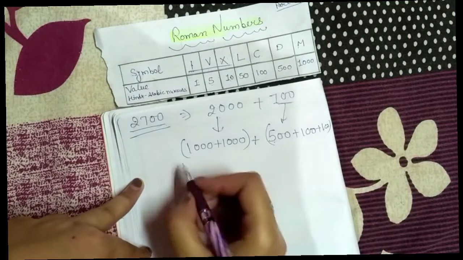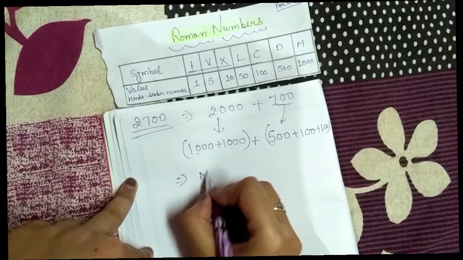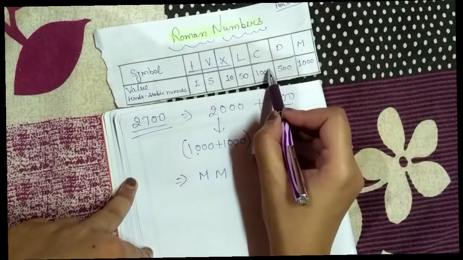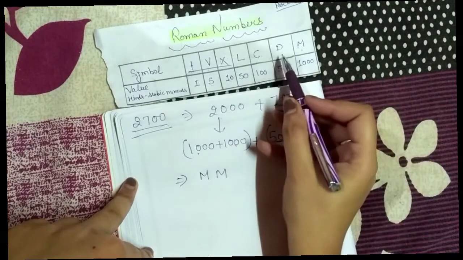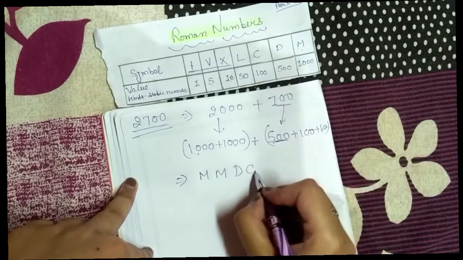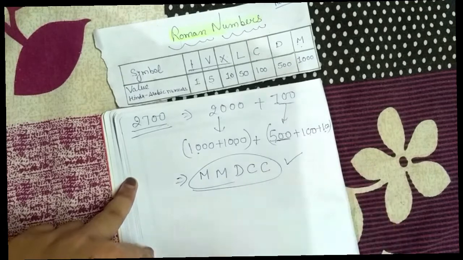Now let's write in Roman numbers. 1000 means M, M. 500 means what? Tell me. Good, D. 100, yes, C. Again 100, C. So this is the answer.